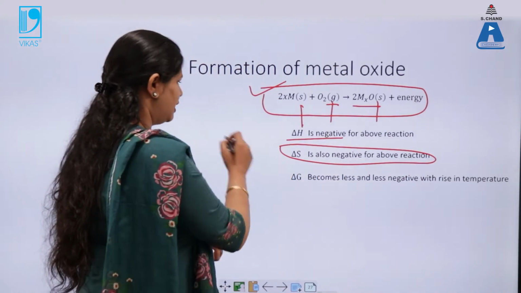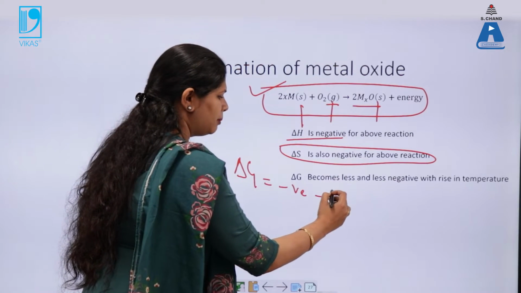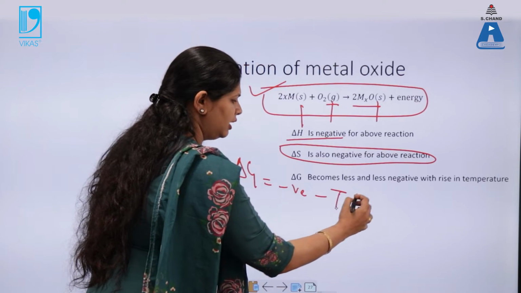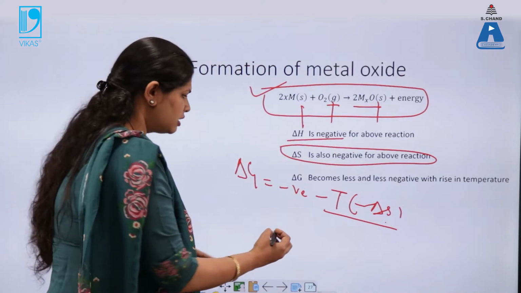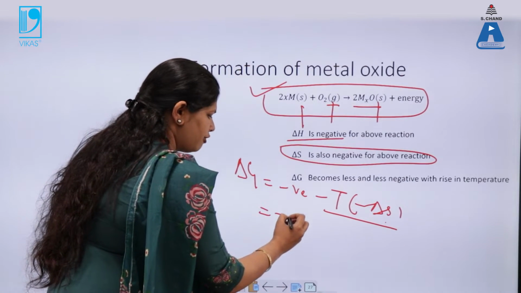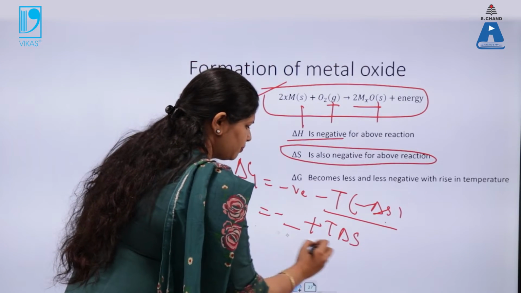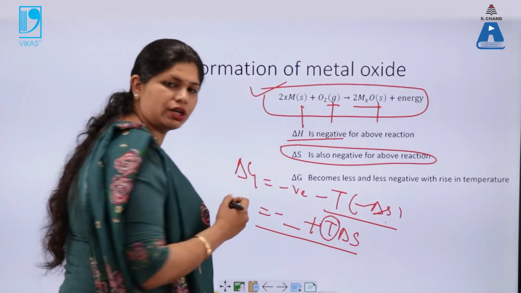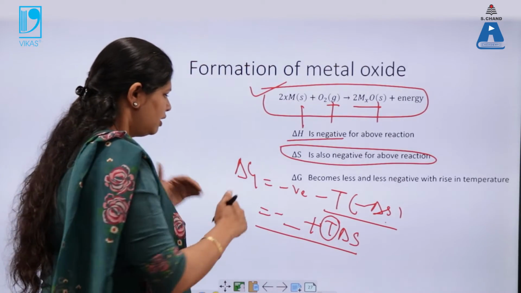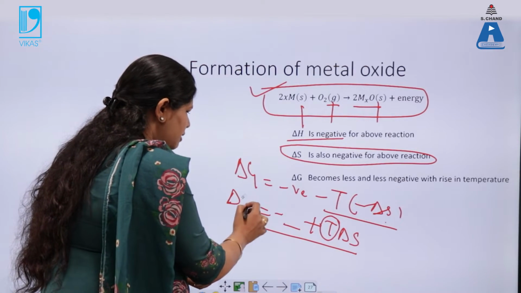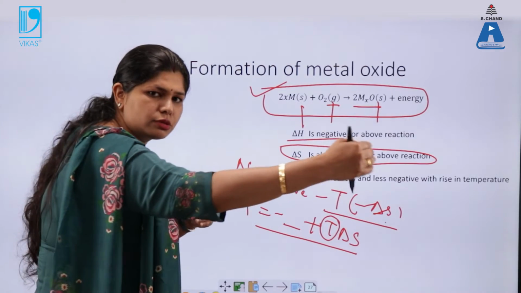According to thermodynamics, if I have the first parameter negative, and the second parameter, minus T into minus delta S, that means this parameter becomes positive. So I have minus of the first parameter plus of the second parameter. That means as you raise the temperature, the reaction becomes less negative, or in other words, delta G becomes less negative, and ultimately it approaches a zero value and then it becomes positive.